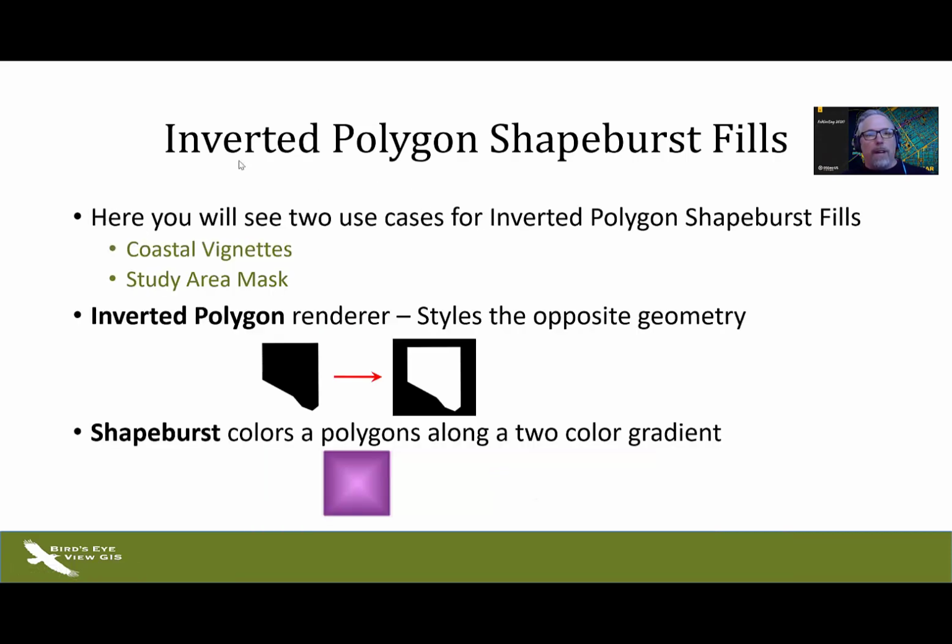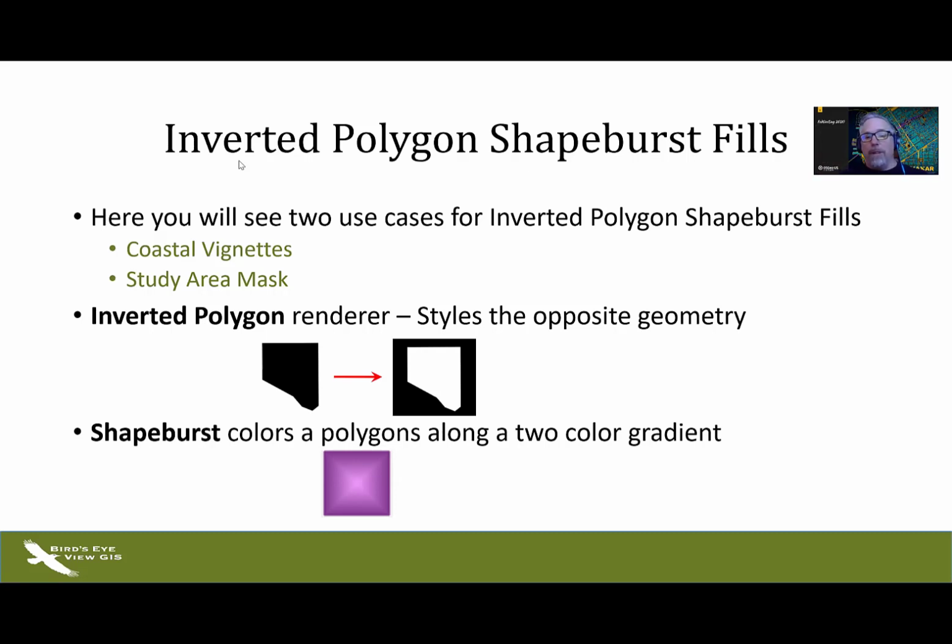So we're going to use this thing that many of you may have heard of already because it's not that new anymore, inverted polygon shapeburst fills, and it starts getting us into playing with some of the different renderers in QGIS. The inverted polygon renderer basically inverts the geometry. So if we give an inverted renderer styling to Baltimore City, it will be styled as everything outside that polygon.